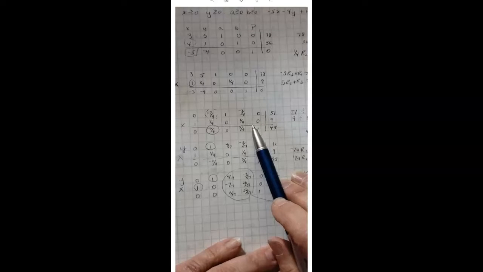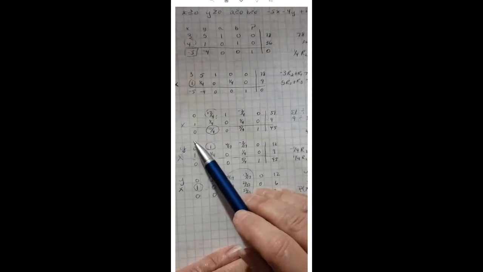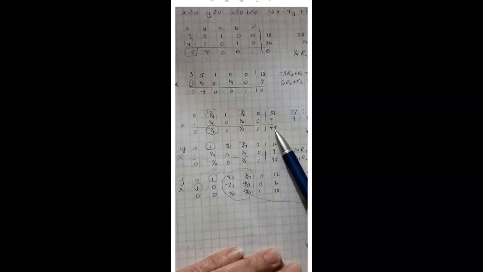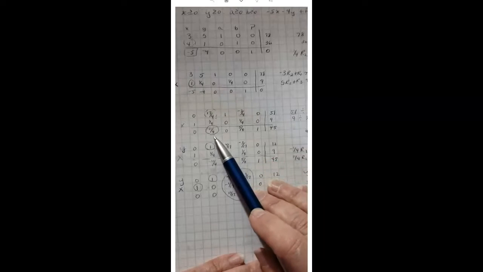Am I done? According to the instructions on step 5, you have reached your maximum as long as there are no negative numbers in the bottom row, and I do have one. So I'm not finished yet. This is my pivot column.